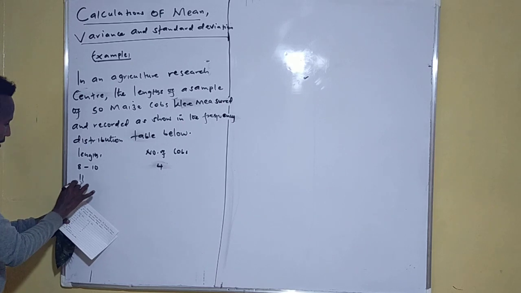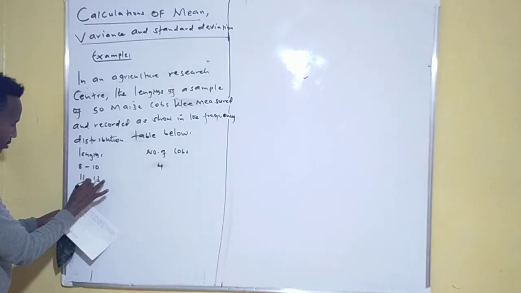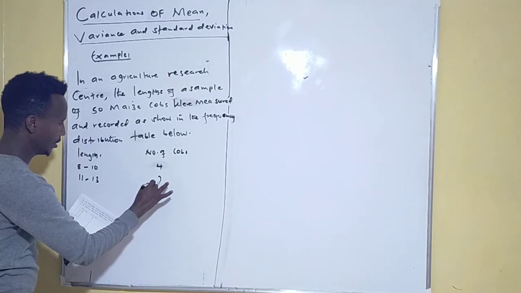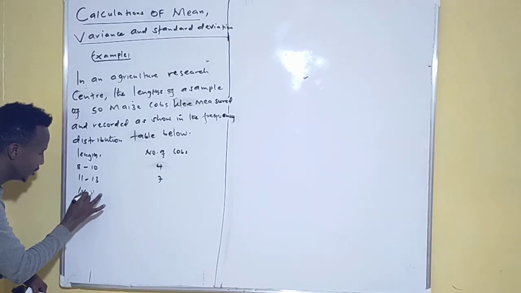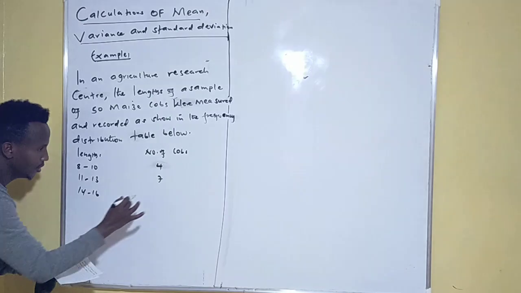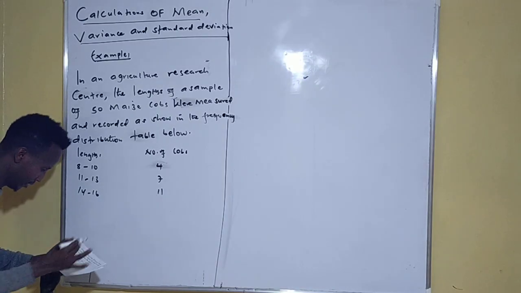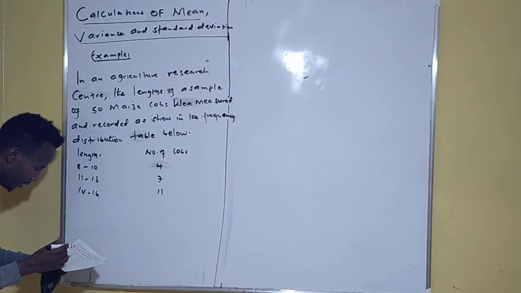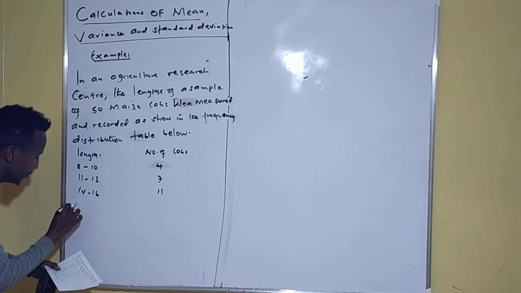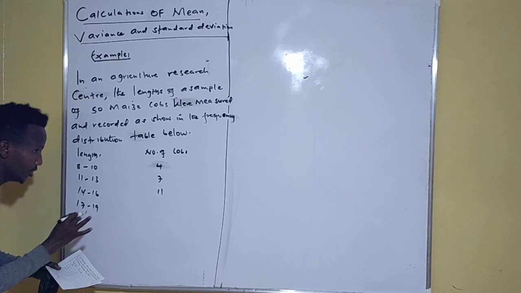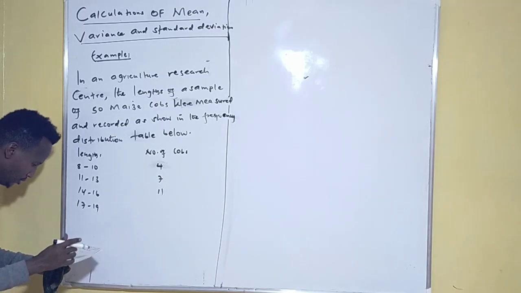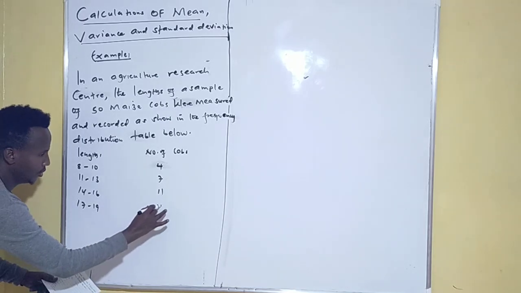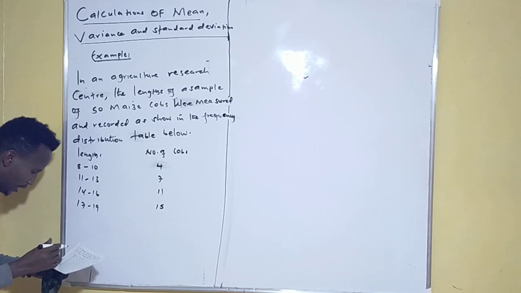Then 11 to 13, we have 7. Then we also have 14 to 16, against that we have 11. Then we have 17 to 19, we have 15 in front of that.